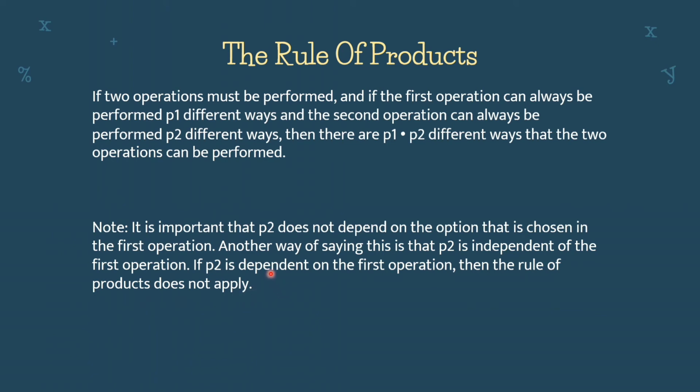So, dapat yung ating second operation or P2 is hindi siya dependent sa ating first operation. Kasi maapektuhan niya yung ating first operation, and then that is not considered as a rule of product. So, sa next slide, I will explain this furthermore kasi doon meron tayong example about dito.